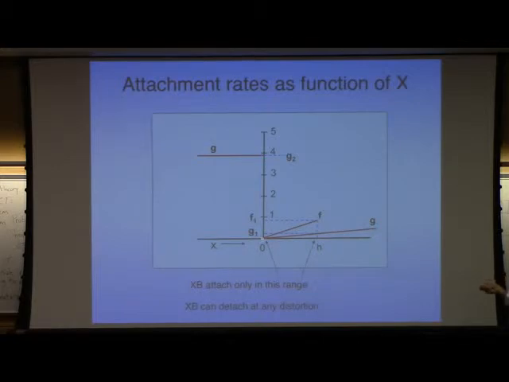So what about the detachment rate? In the positive range, there is a detachment rate here. It grows linearly. You'll see it's just a fraction of the attachment rate, but there is a non-zero detachment rate. Here in the negative range, where we have negative strains or negative distortions, you have a very high detachment rate.